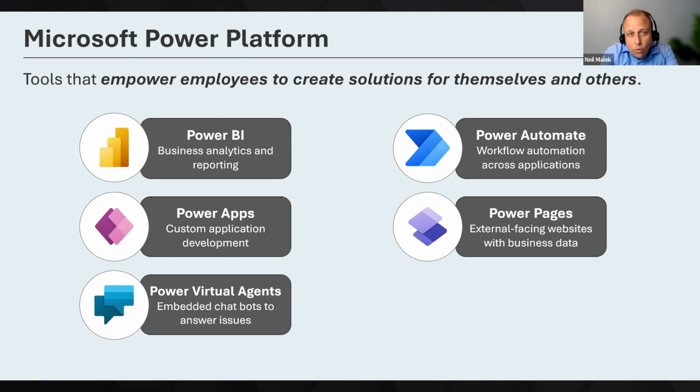So like I said, Power BI solves the problem of: I have some data in an Oracle database, some data in a SharePoint site, some data in a CSV file, and I want to analyze all of it. Power Apps solves the problem of: everybody in my organization needs to have an app on their phone where they can push a button and something magically happens. Virtual agents, this is for chat bots.